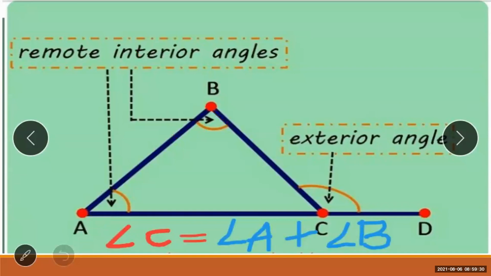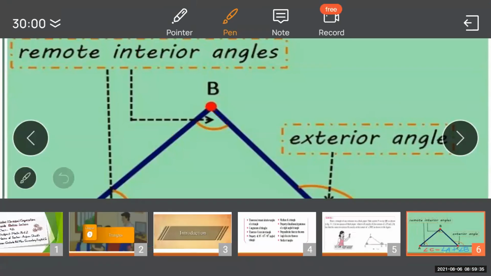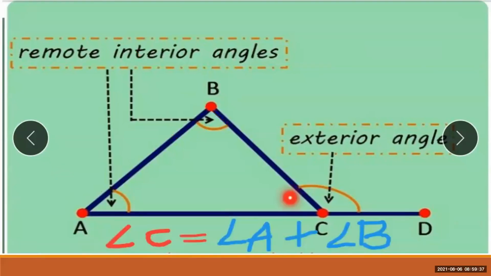So the property for it we just verified in this simple activity, that the sum of these two angles is equal to this exterior angle. Okay. So this exterior angle, that is angle BCD, equal to angle BAC, means angle A, plus angle ABC, that means angle B.